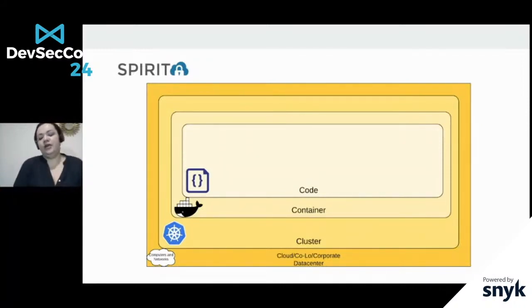So, for example, your code is as secure as your container, and your container and your code are as secure as your cluster, and your code, container, and cluster are as secure as your cloud, be it private, public, or multi-cloud. So remember, if you just have a code security strategy, you are not secure, because you have more threats to concern yourself with.